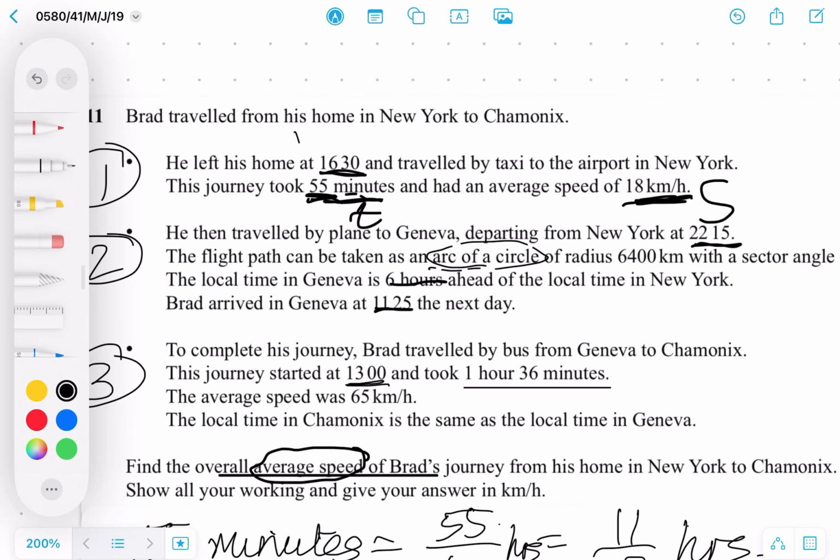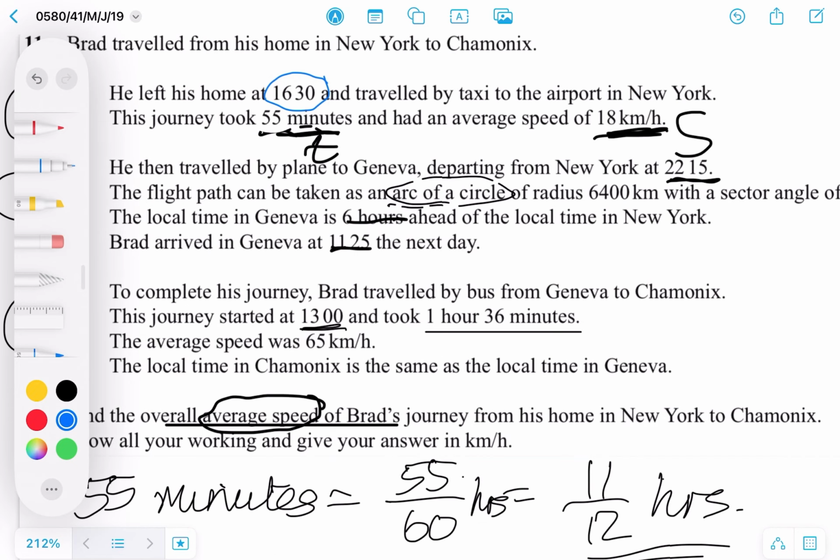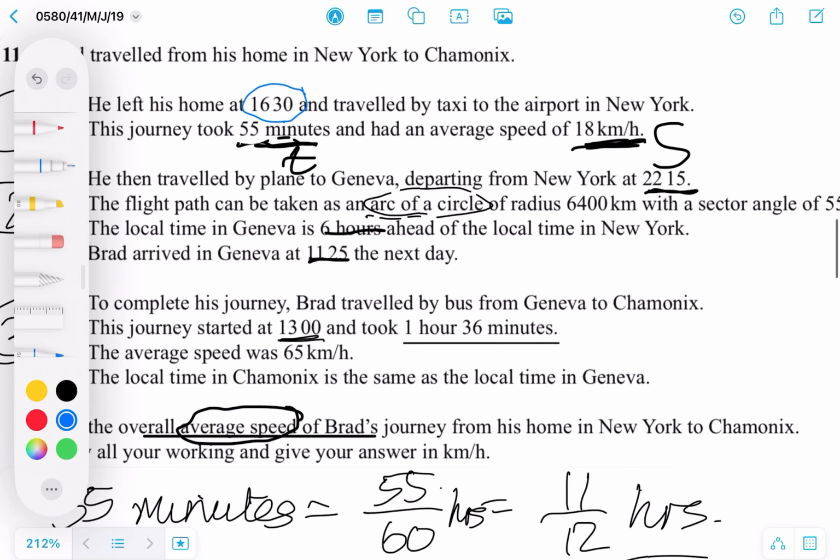So he started on day 1 at 4:30 p.m. and he ended the next day at 1 hour 36 minutes past 1 p.m., which gives us a time of 36 minutes past 2 p.m. So this is when his journey ended.